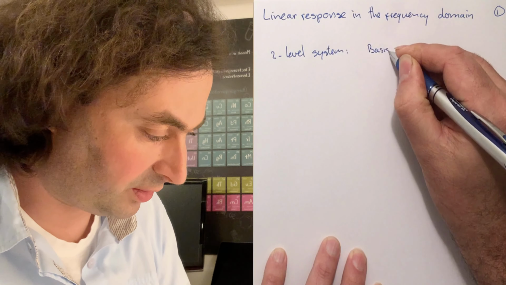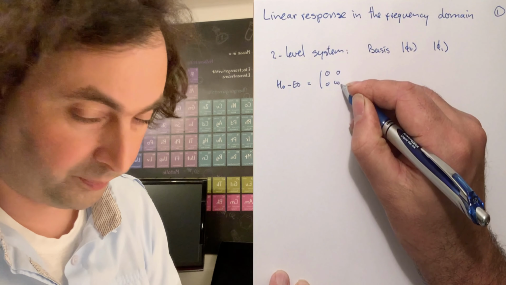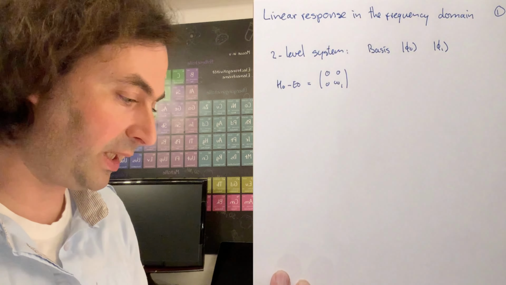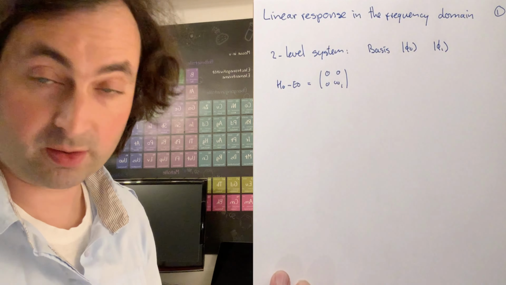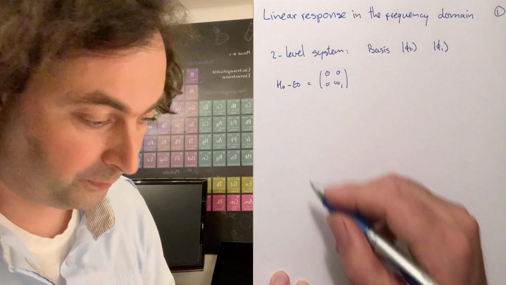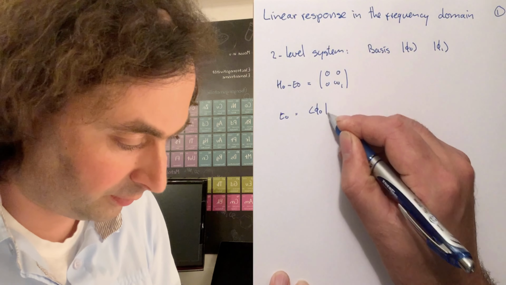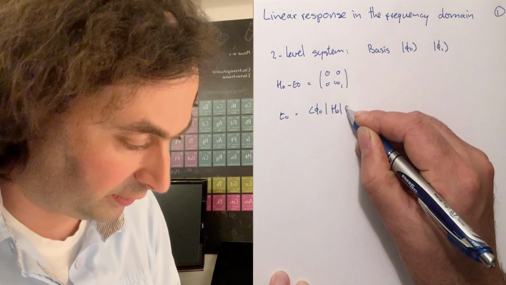For our two-level system we can define the Hamiltonian minus the ground state energy on a diagonal basis, which is zeros everywhere except for the energy of psi 1, which is omega 1, and E0 is the energy of psi 0.